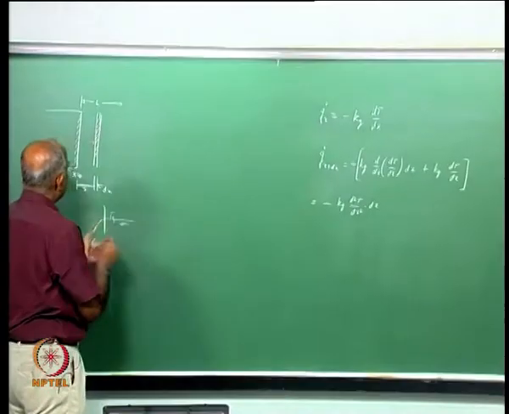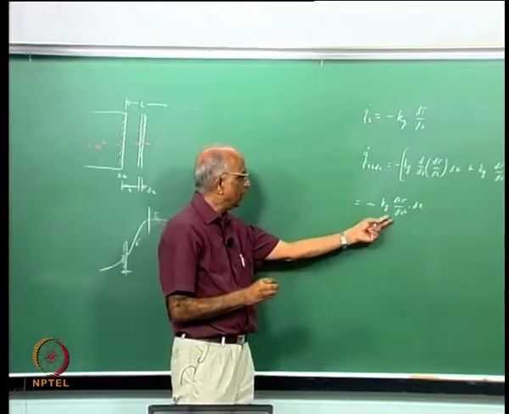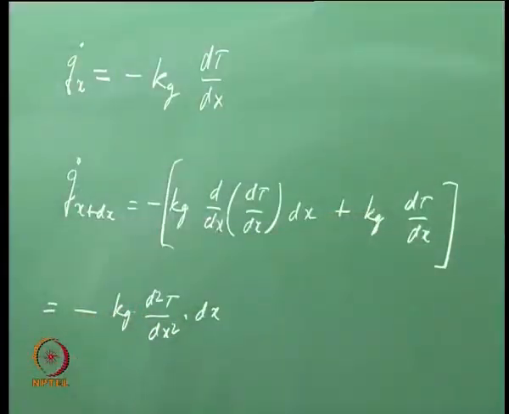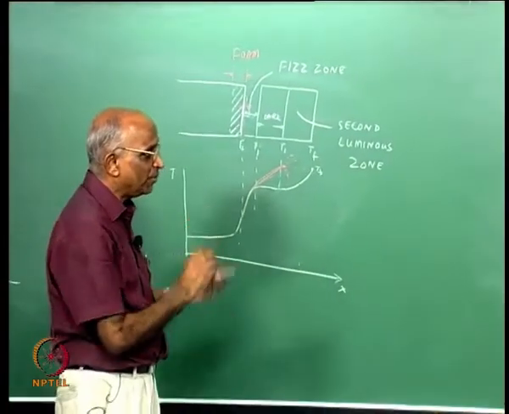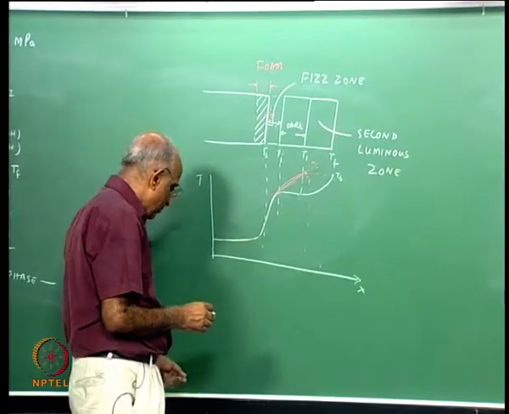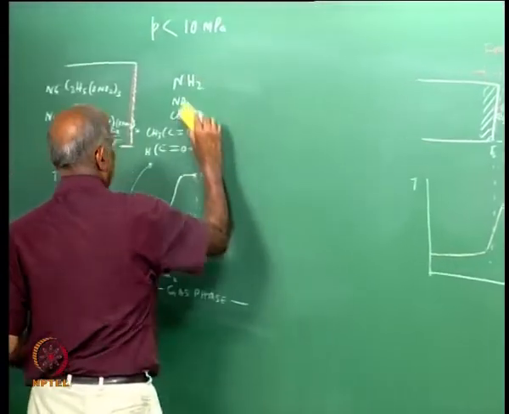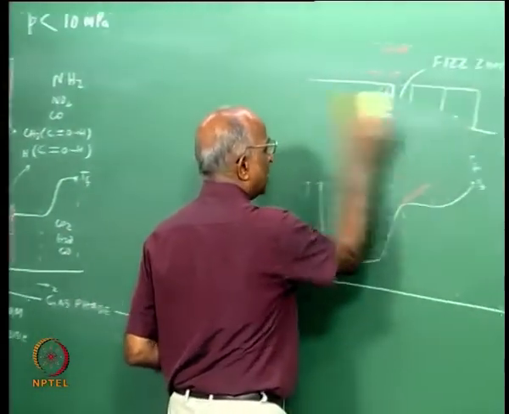Therefore, the net accumulation of heat in a control volume is equal to minus kg d2T by dx square into dx, right. I think we should learn to write these equations at any time for any problem. We will again be coming to these things, and let us make sure we are clear, because when we want to ignite we must know how much ignition energy is required, and therefore we must learn to do these things.